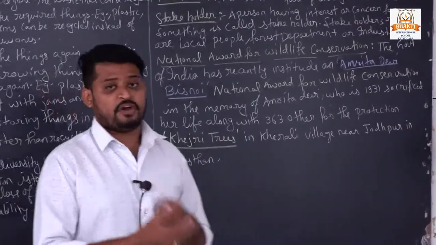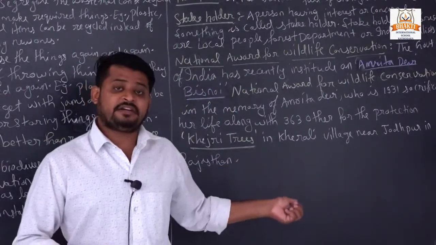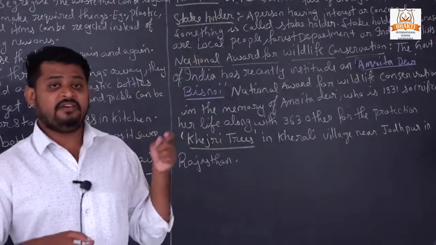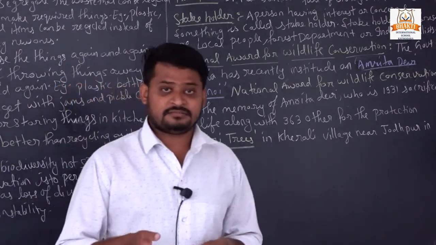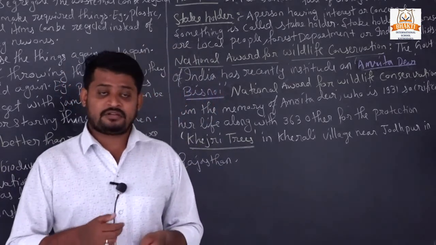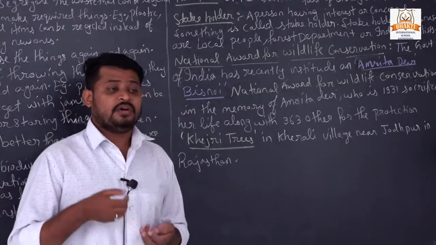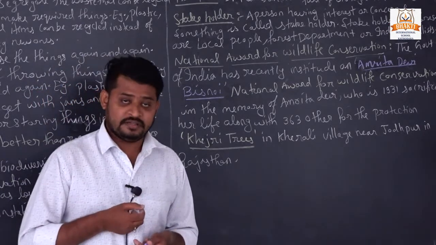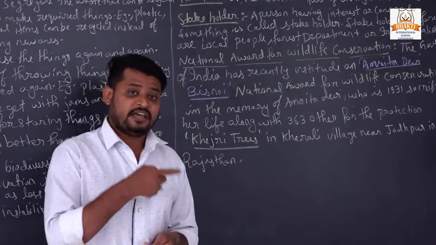So the king's sepoys came to Khejarli village and were going to cut the khejri trees. Amrita Devi came and tried to stop them, but the sepoys didn't stop cutting. They argued, and then the sepoys killed Amrita Devi. So Amrita Devi gave her life for conserving the khejri tree.